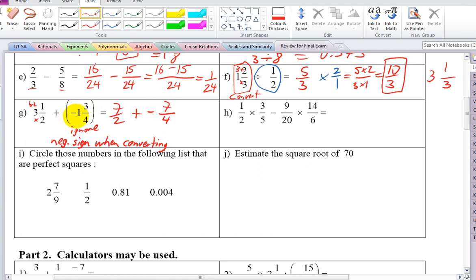So I went 1 times 4 is 4. I didn't use my negative sign there, folks. Okay. And now I can simplify this to 14 over 4 minus 7 over 4, which equals 7 over 4.